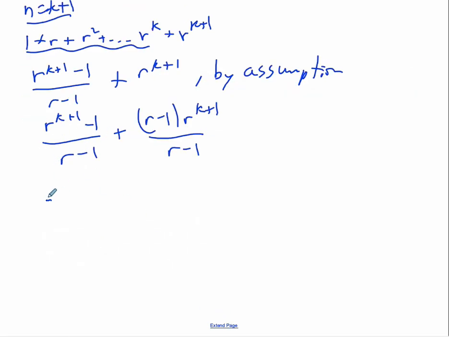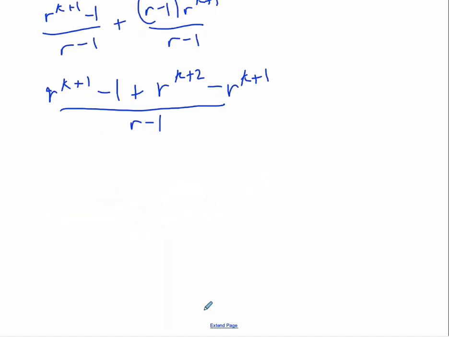And we'll add these together. This is going to be r to the power of k plus 1 minus 1 plus r times this, which is r to the k plus 2 minus r to the k plus 1, all over r minus 1.